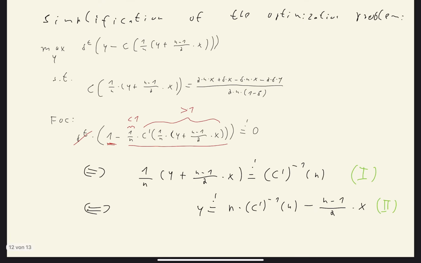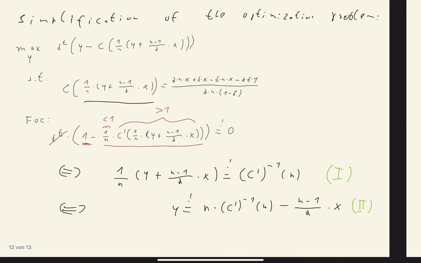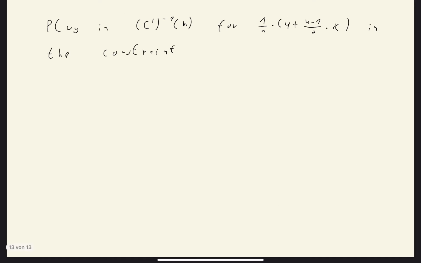So basically here, and we will plug in n times c prime minus 1 of n minus (n minus 1) divided by 2 times x for y in the constraint.